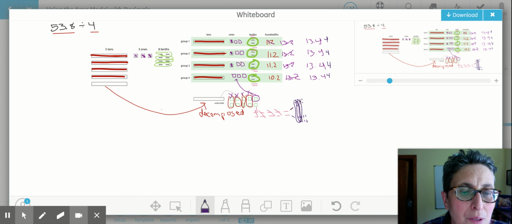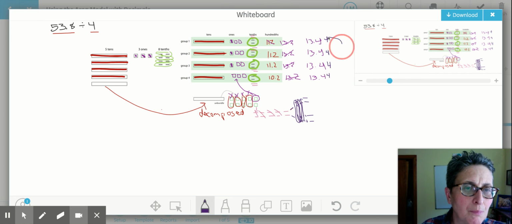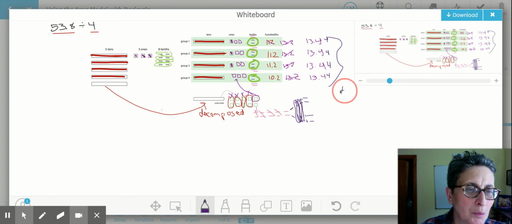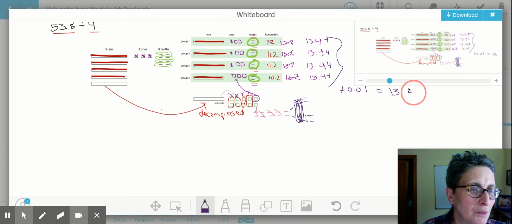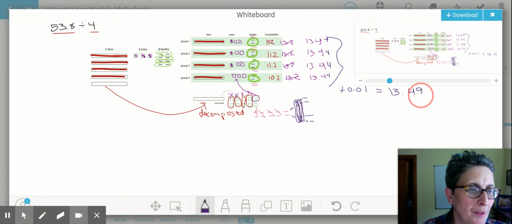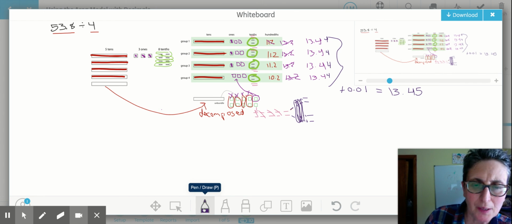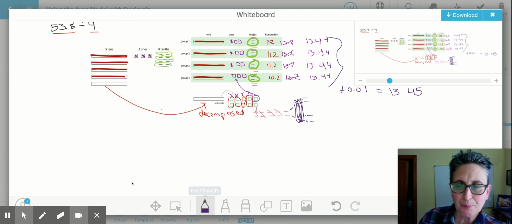Get rid of those. And in the end, it's very hard to see because it's small. I have one more hundredth. And so my final tally is, the answer is, plus 1/100th. Each piece is going to equal 13 and 45 hundredths.